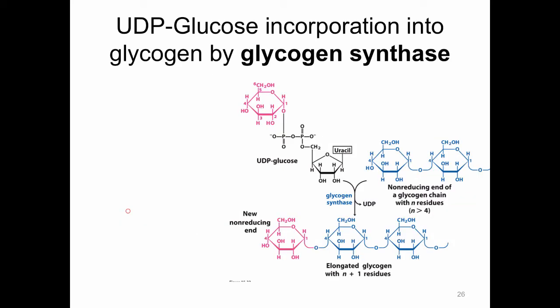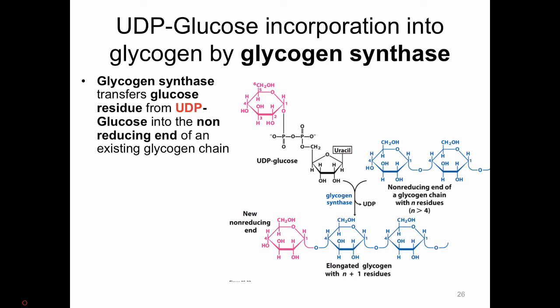Once UDP glucose is formed, the glucose residue is then incorporated into glycogen by glycogen synthase. In this reaction, glycogen synthase transfers the glucose residue from UDP glucose into the non-reducing end of an existing glycogen chain.